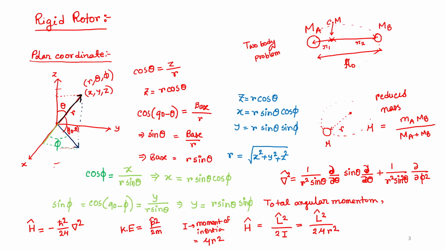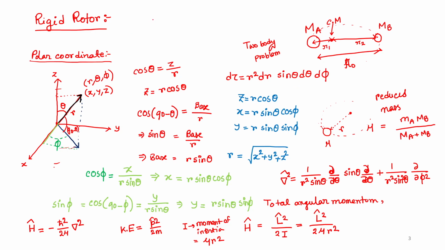And another thing, your volume element d tau is going to be r square dr. Earlier, in three-dimensional problems, we were taking the volume element d tau as dx multiplied by dy multiplied by dz. But for polar coordinates, it will be r square dr sine theta d theta d phi.